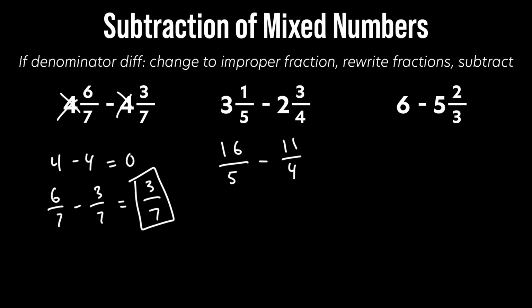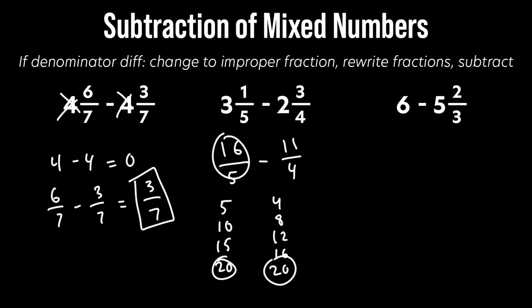Now we can't subtract the fractions yet, because the denominators on both of the fractions are different. So we have to find the least common denominator for both fractions. And so we're going to take the multiples. Okay, so they both share 20 in common. We're going to want to rewrite both fractions with a denominator of 20.